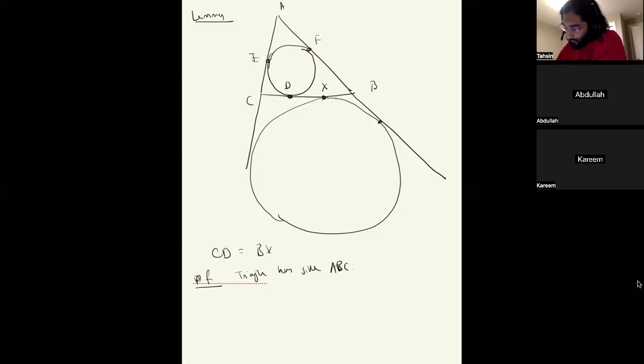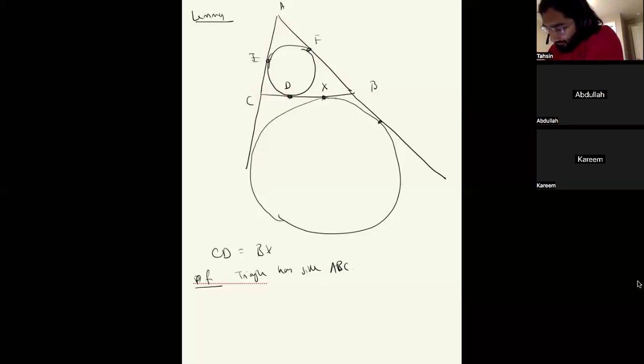So if you forget about the excircle for a moment, you think about what these distances are. What I mean is this one, this one, this one, this one, this one, and this one. So how does the incircle cut up the sides of the triangle?